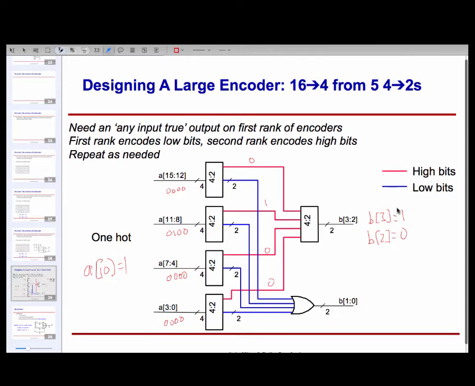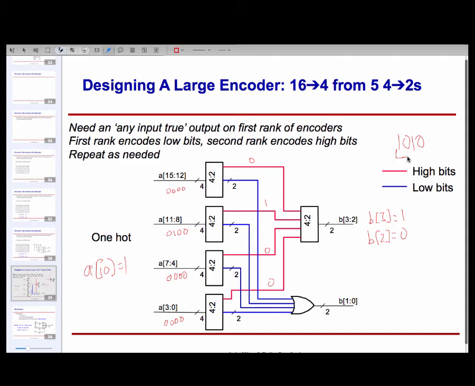And if you think about it, that makes sense, because if A10 was high, I am trying to represent the number 10 on the output, and I have 4 bits at the output. So 10 in 4 bits is 1, 0, 1, 0, right? So that's what we want.